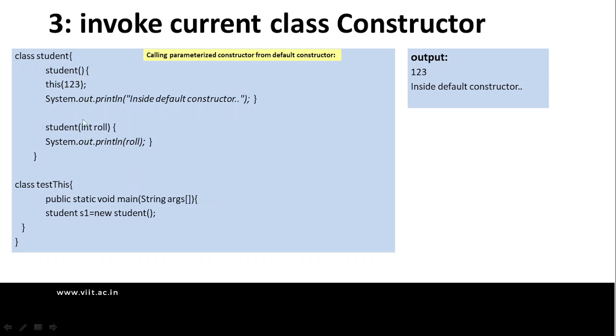This is a really interesting example, where we call the parameter constructor with one parameter. At the time of creating the object you are using the no parameter constructor, but inside the no parameter or default constructor you are calling another constructor which has one parameter.